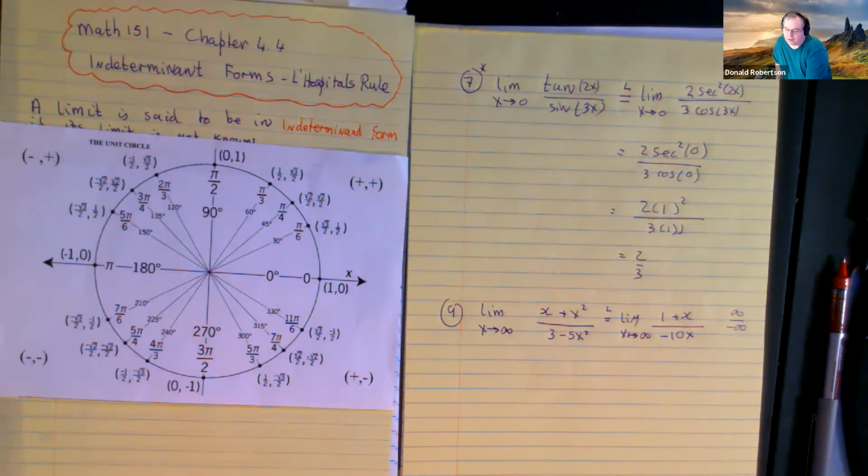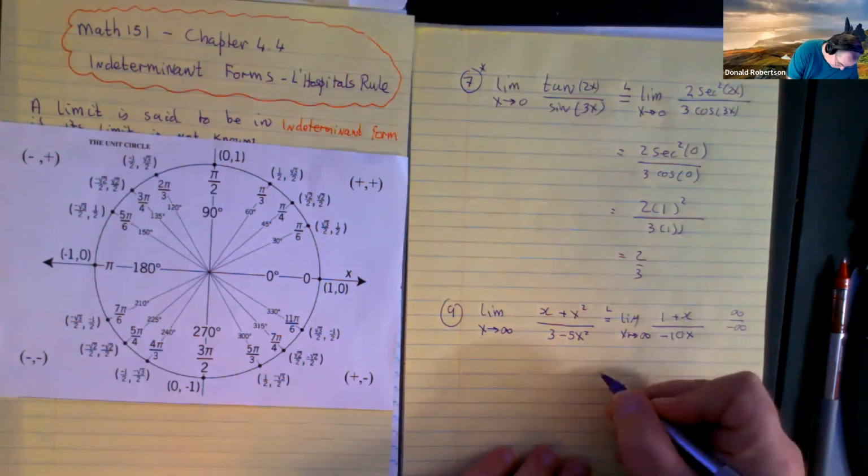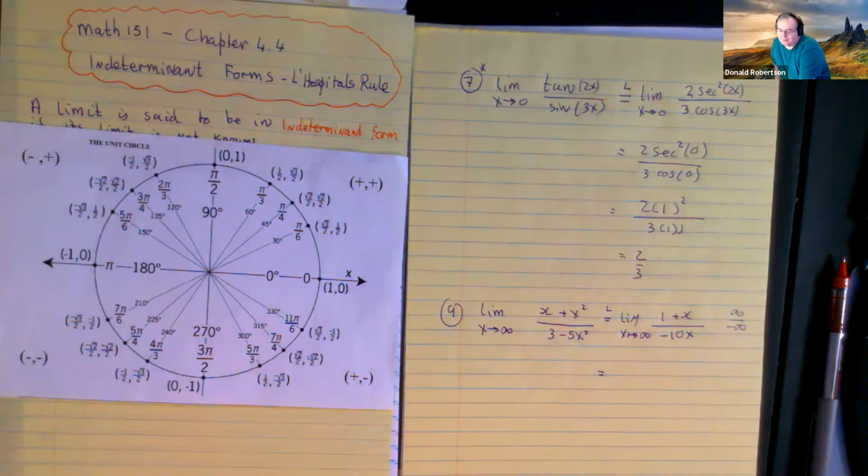Well, you might think, oh, I guess L'Hospital doesn't work for everybody. But it does. What do you think I should do? I want to find the limit of this. What do you think I should do? Do it again.